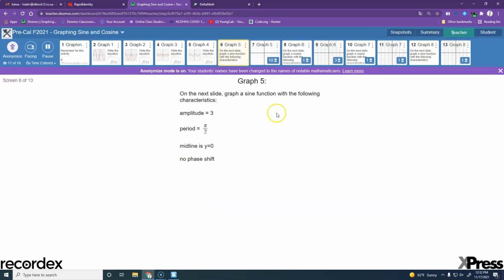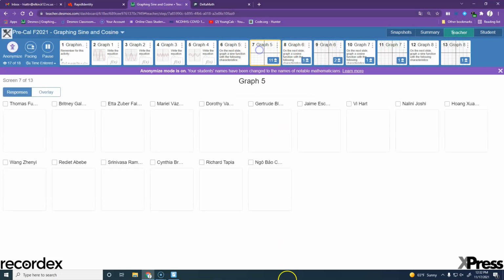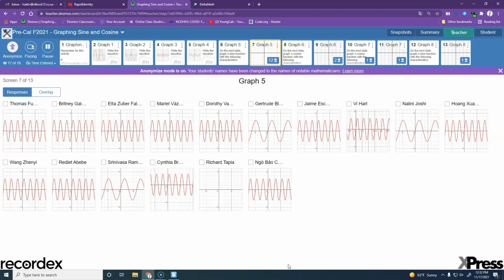All right, let's see what we've got here. Lots of these look the same. Sometimes the zoom can make a difference, but I think we're looking pretty good on amplitude. So for your amplitude, you're going to have an amplitude of 3. This one said a sine graph, didn't it? So you're using sine. You should have a 3 in front of it.